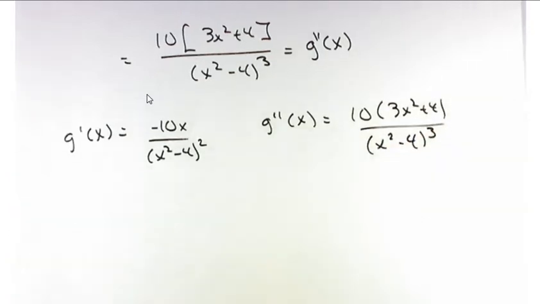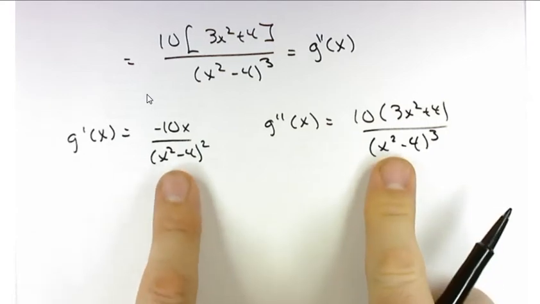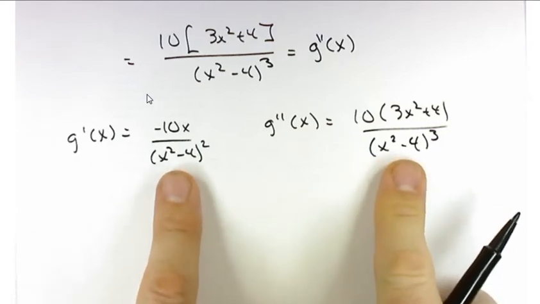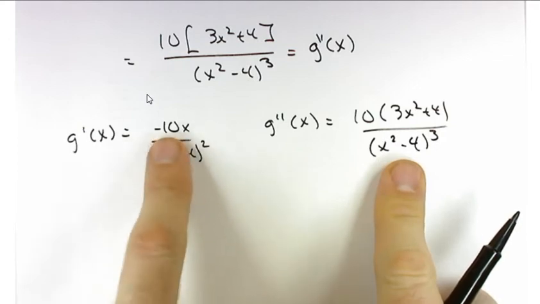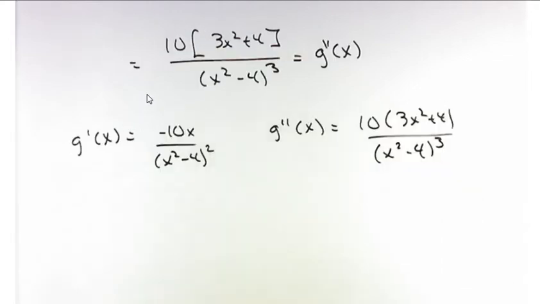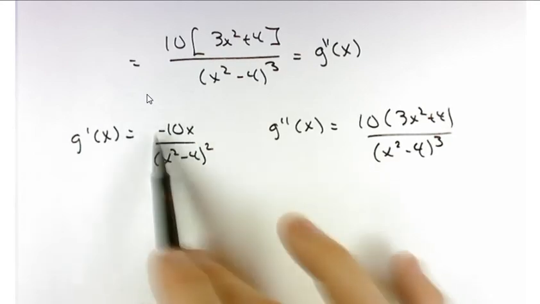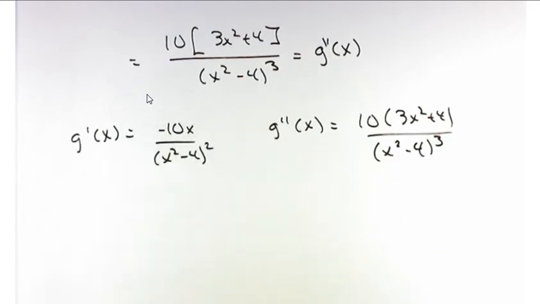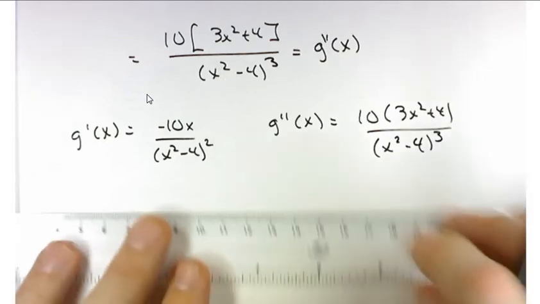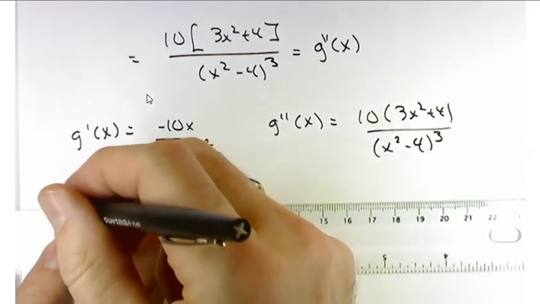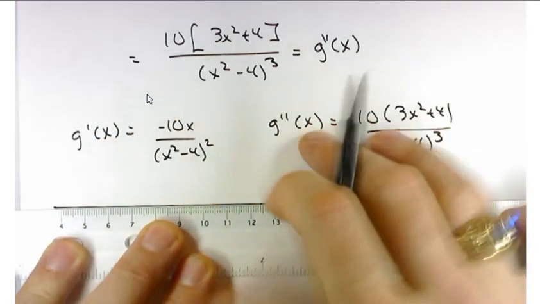I want to know where these things can change signs. In the denominator, it can change signs at 2 and negative 2. In the numerator of our derivative, where can this function change signs? Where can this equal 0? At 0. So as far as the derivative is concerned, make ourselves a little chart.